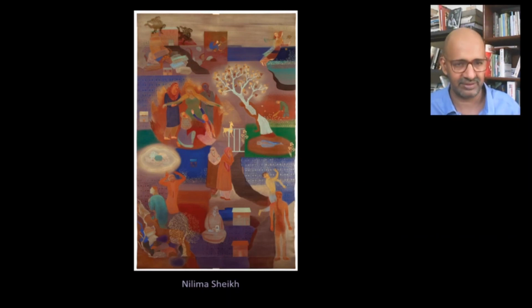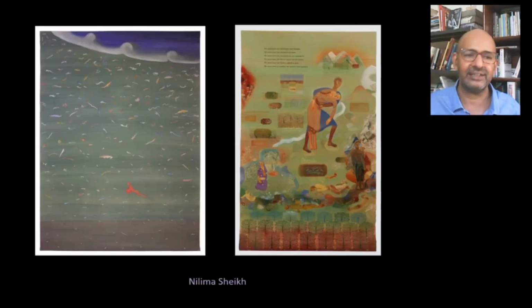This is one of the salient features of narrative art, that it does not usually try to tell you one single story in one single frame. It usually tries to refer to various incidents, happenings, stories within one or two canvases and frames, but by breaking up the space into multiple compartments and pockets.